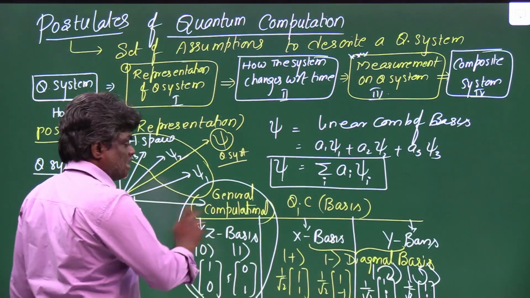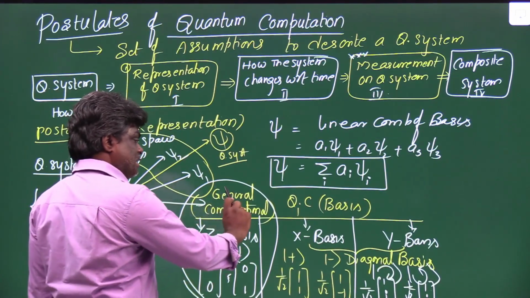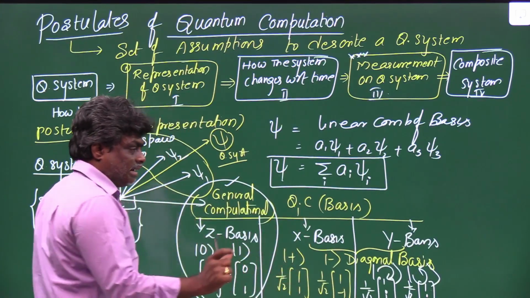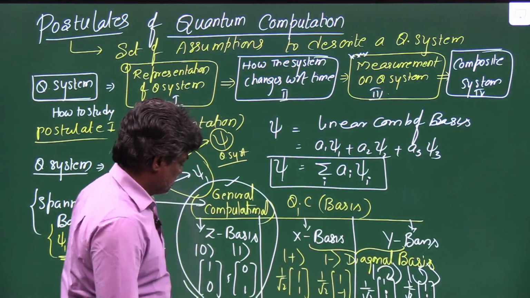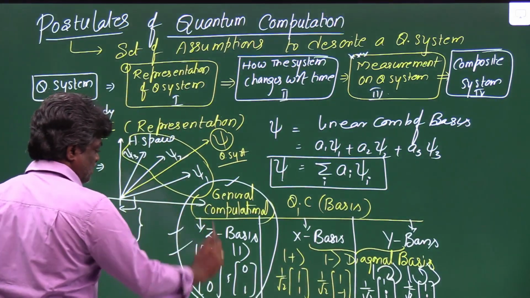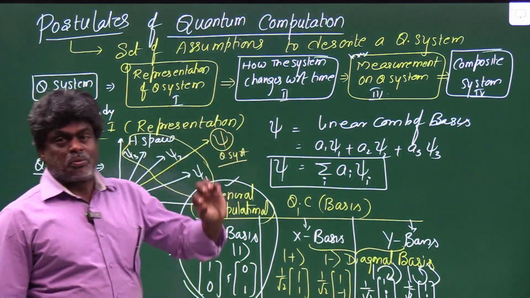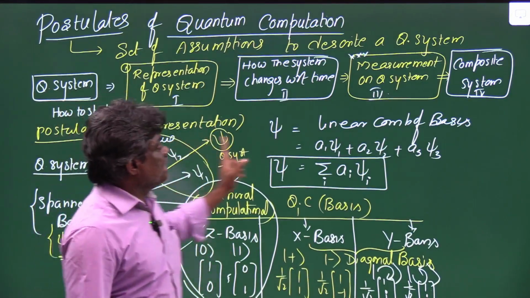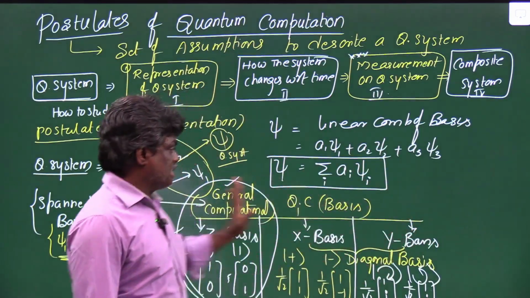Generally any subject first wants to make things easy, that's why they go for this; otherwise, a little more calculation will come. That's about the first postulate. So the first postulate is a representation of a quantum system which is a linear combination or superposition of all basis states. That's it.